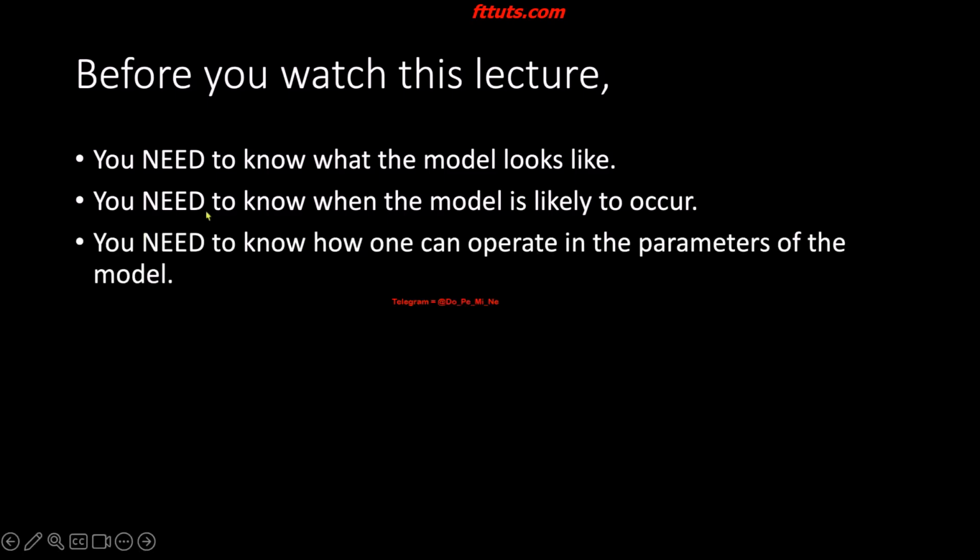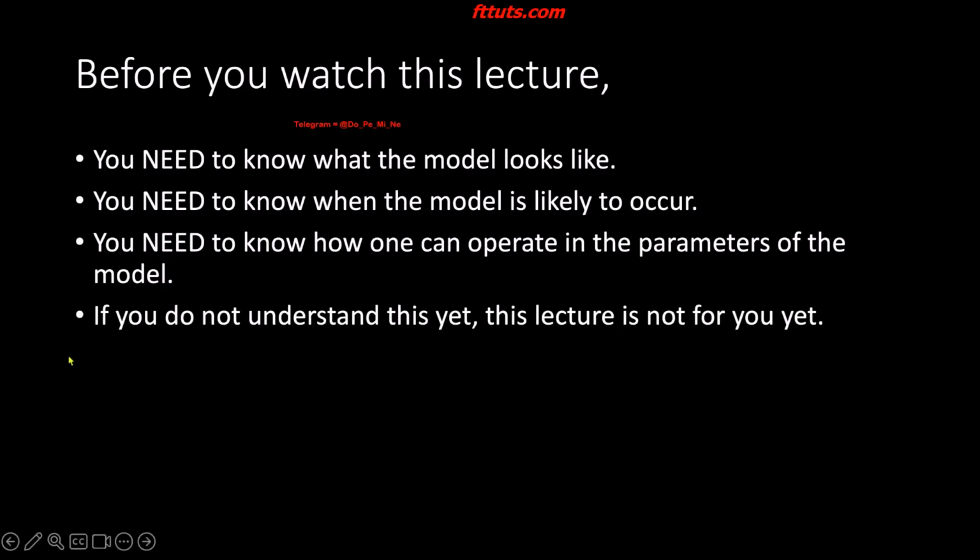You need to know how one can operate in the parameters of the model, meaning you need to understand the rules and how these rules could be utilized to determine whether the market is likely to deliver in a certain way. If you do not understand any of these three topics, this lecture is not for you yet. Please go through all of the prior lectures before watching this one.